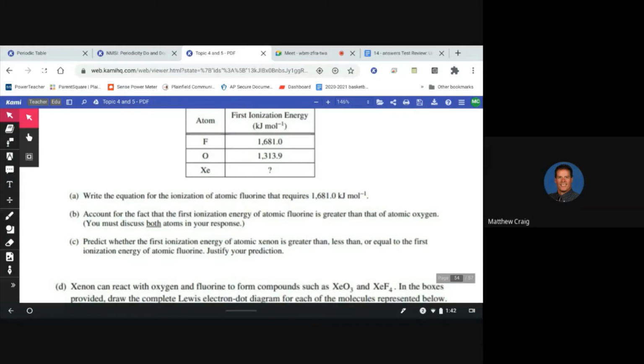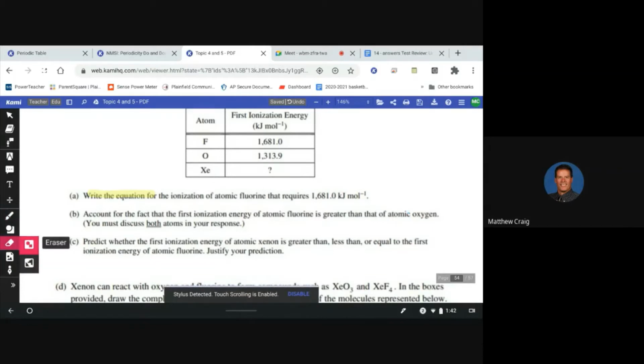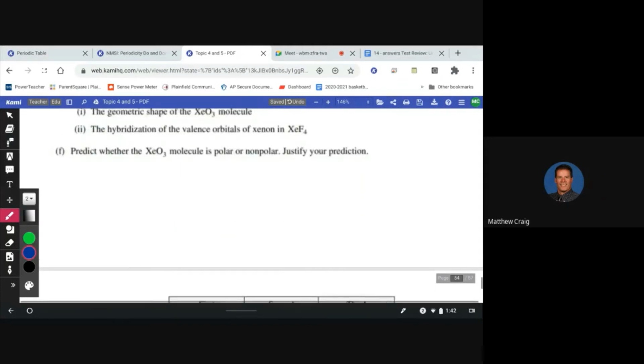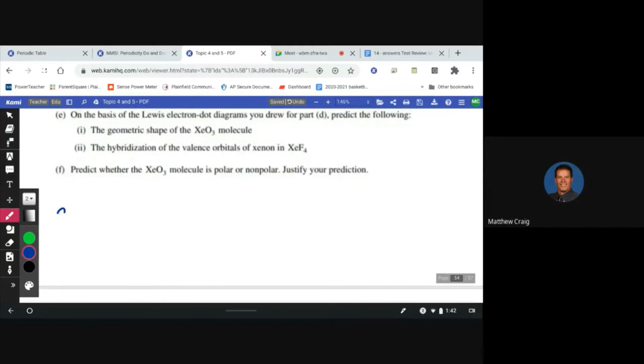ATFQ. Write the what? Equation. And some of you are going to go, I seriously can't believe he asked us this. I gave you a whole lot of room to write, too. So somebody tell me, how do I write this equation?